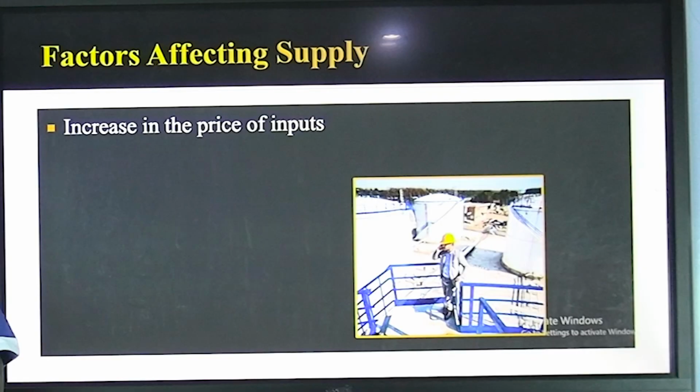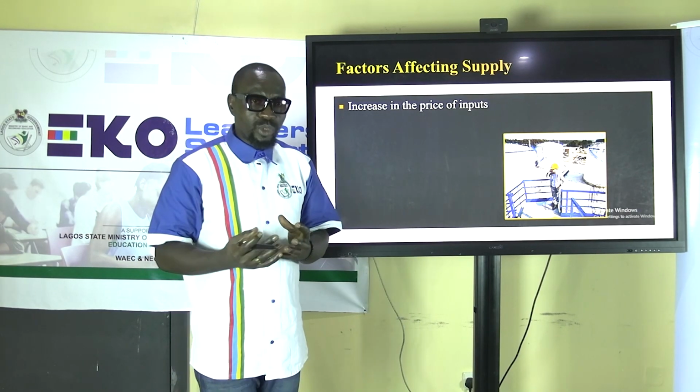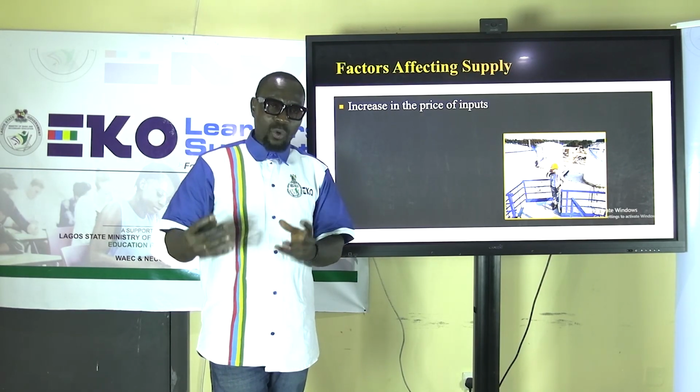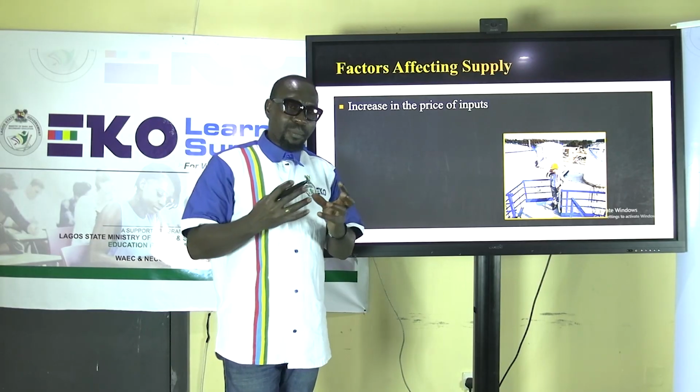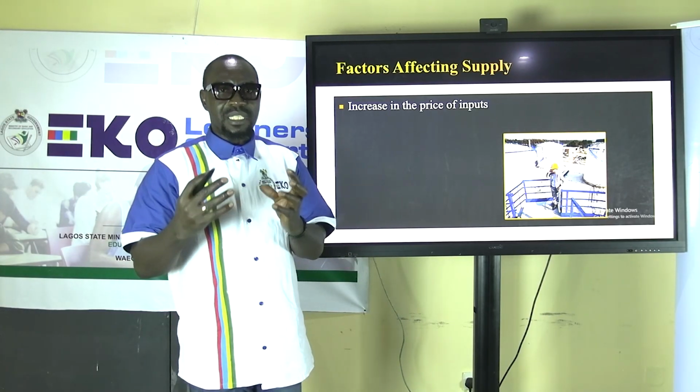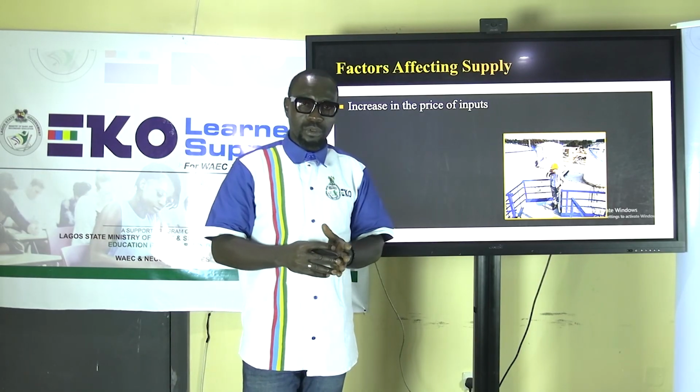The first is the increase in price of inputs, which invariably affects the cost of production. What are inputs? Inputs are generally the raw materials or the materials that are required for the production of a particular commodity. For instance, cement needs limestone.